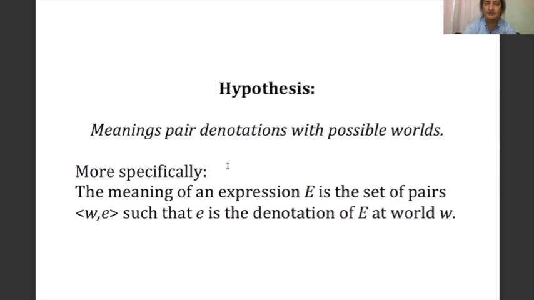Animal with a heart, that's our capital E. It picks out a set of animals. In this world, that's going to include pandas, it's going to include people, it's going to include rats, okay? In some other world, it's going to include those as well as unicorns, which aren't in the actual world, okay?